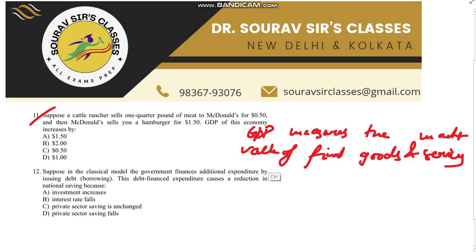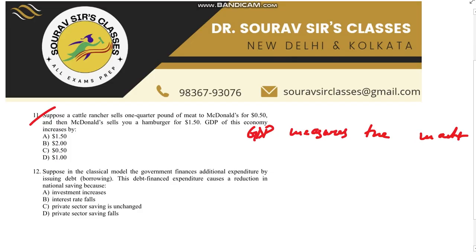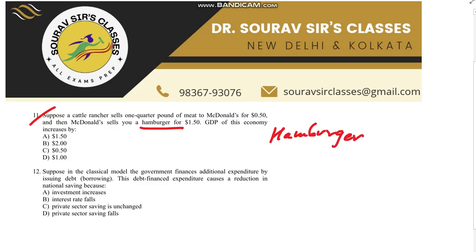Now in this case, the sale by the cattle rancher to McDonald's is an intermediate good, and we know an intermediate good is not calculated because there will be a double counting, a miscalculation. It is used by McDonald's to produce a final product, that is the hamburger. Now the hamburger is being sold by McDonald's to the consumer, that is the final good, because it's finally sold. So only the final good, that is the hamburger, will be included in GDP to avoid double counting.